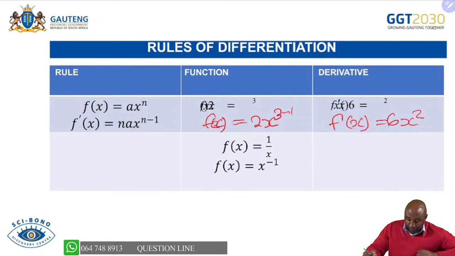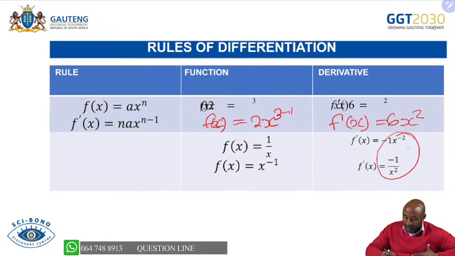Then if our f of x is 1 over x, we can use the laws of exponents to change that into x to the power negative 1. And then from there, we are able to find the derivative as negative 1, x to the power negative 2. We know that this is the same thing. That one is a negative exponent and this one is a positive exponent.